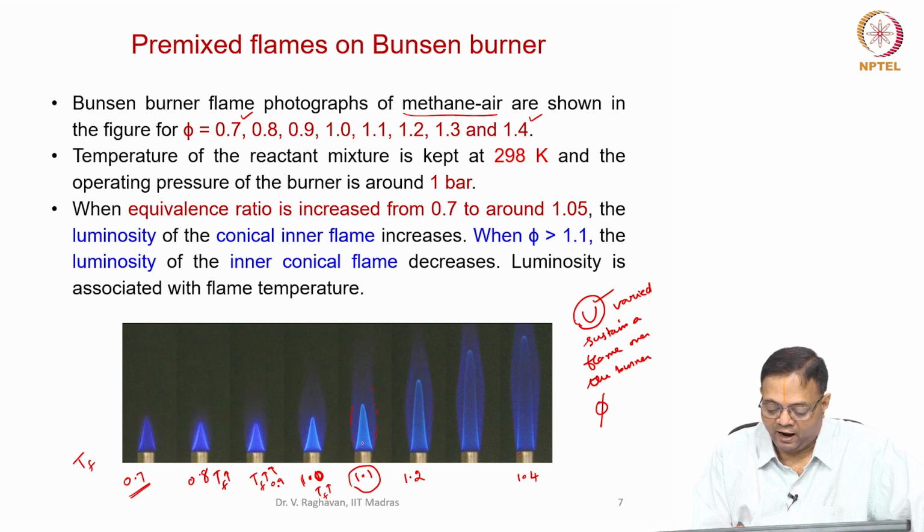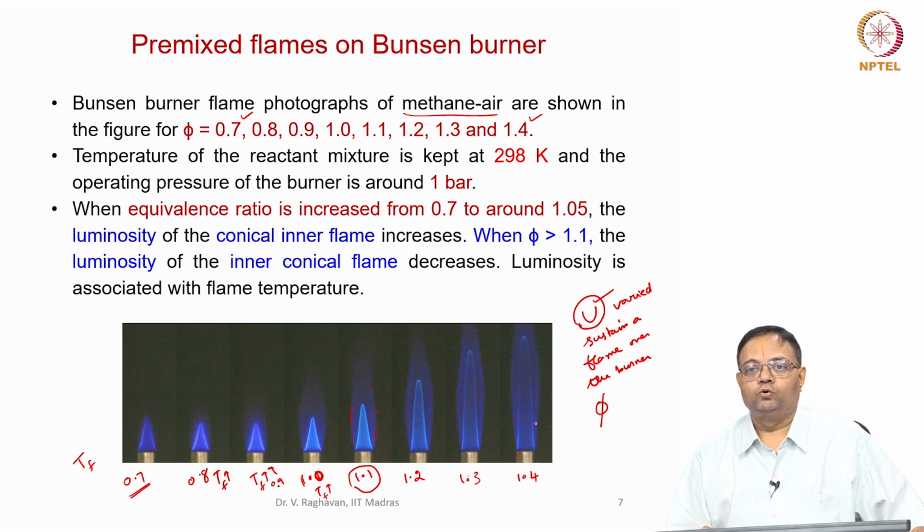After this, the brightness again decreases. You can see that the brightness increased from 0.7 to 1, and it maintained its brightness at 1.1. Now, when you increase to 1.2, 1.3, the brightness of the inner cone again decreases and fades out.